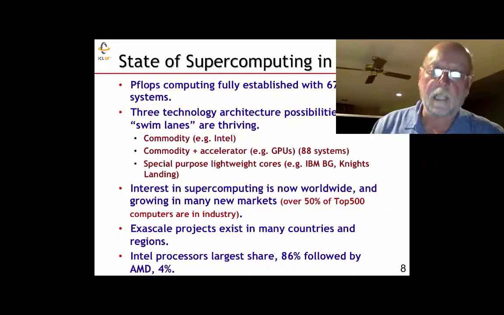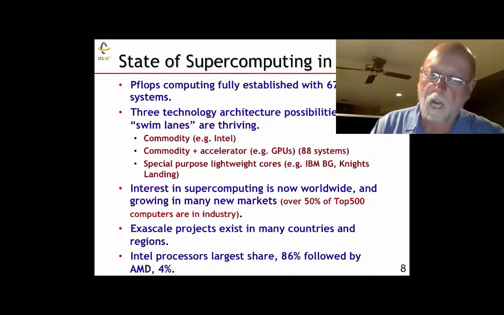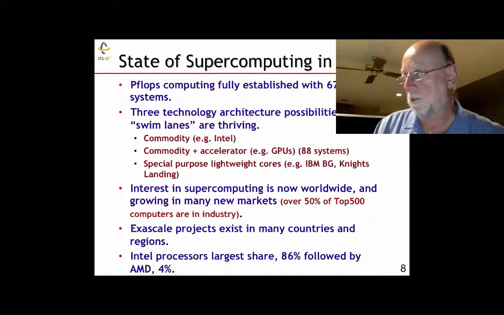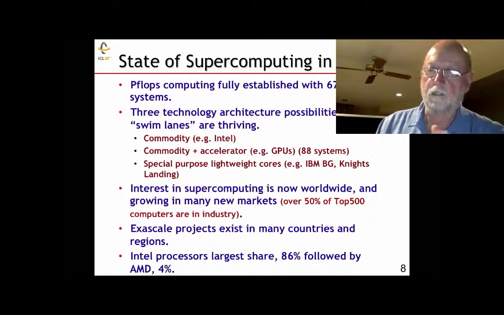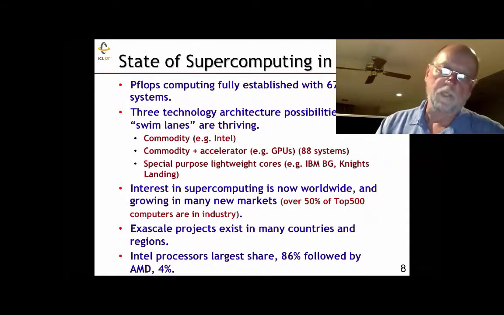The second technology lane that we see deployed is using commodity processors again, but with some kind of accelerator. The accelerator would be something like a GPU, or what Intel calls coprocessors. And today there are 88 of the 500 computers which use this hybrid kind of approach to high-performance computing.